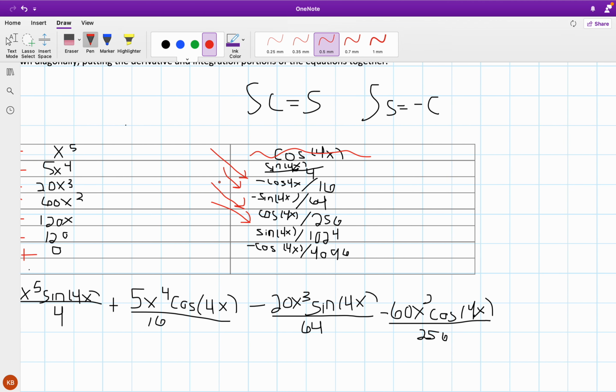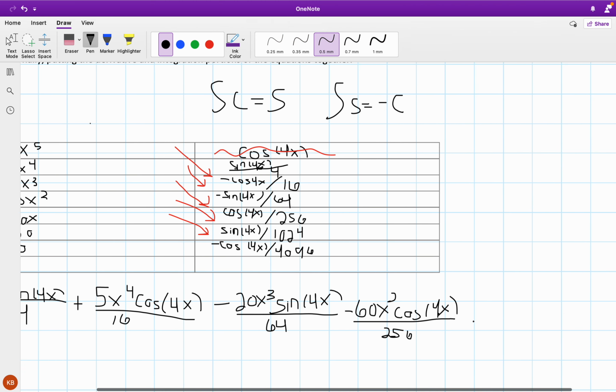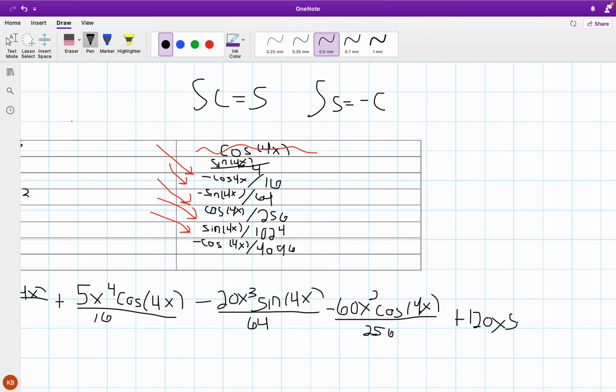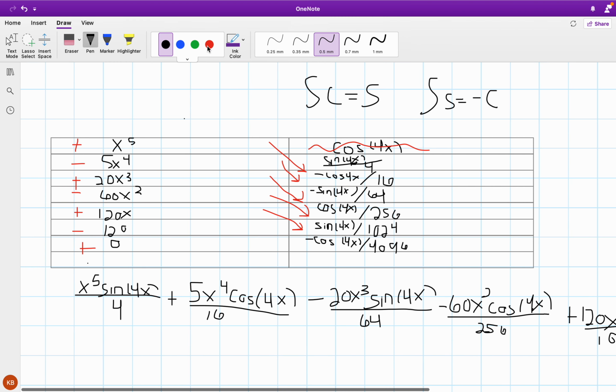All right, let's do it again. A positive and a positive, so it will be positive, plus 120x times sine 4x over 1024. All right, we're going to do it one more time.